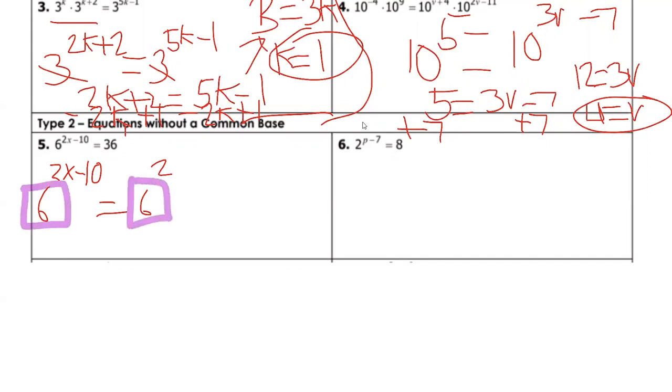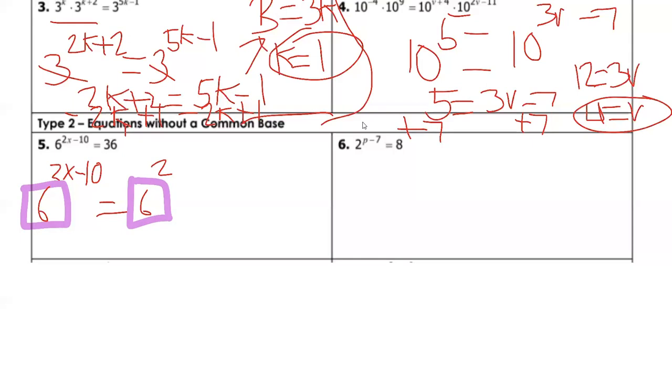And this can be a little bit tricky. Sometimes it might be hard to figure out what your common base might be, or you might have to do a little bit of guess and checking. And some of the problems in Delta Math are kind of tricky, so we'll see how it goes. There's a level 1, level 2, and level 3. Level 3 might be a little bit crazy, but I still wanted to see if you guys could do it.